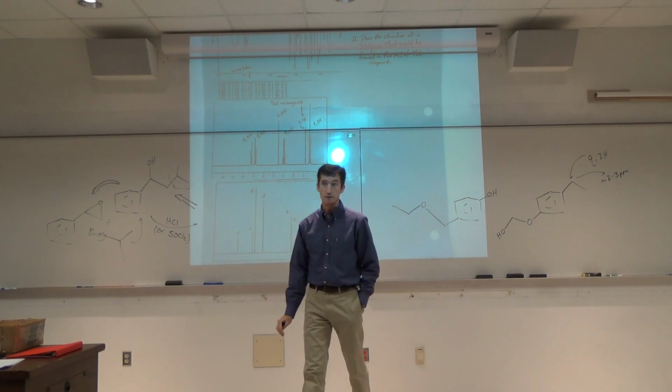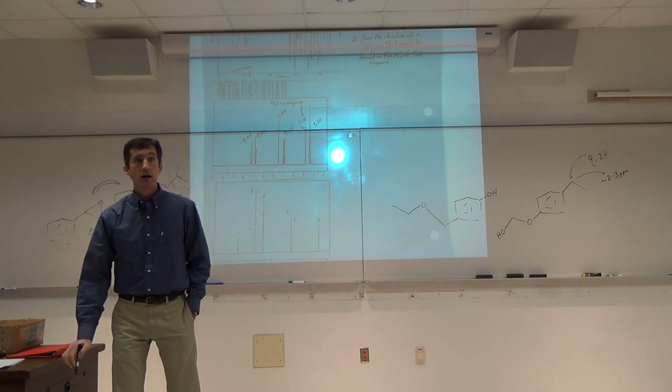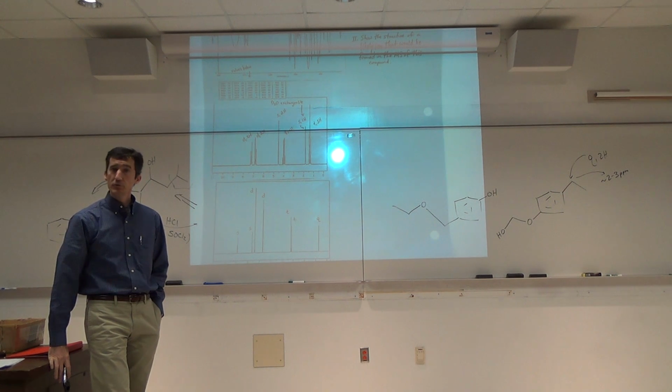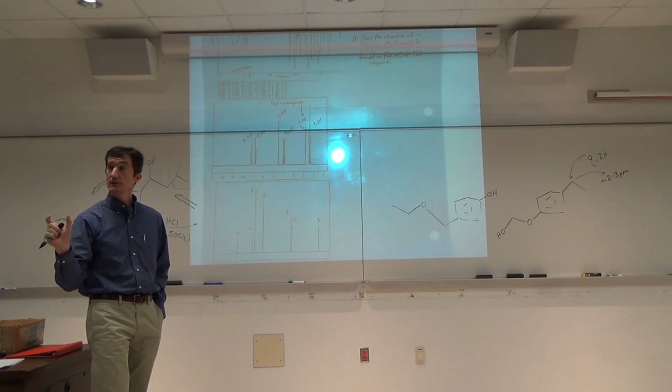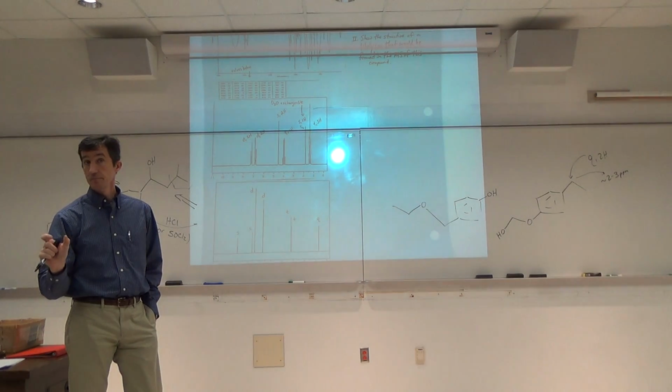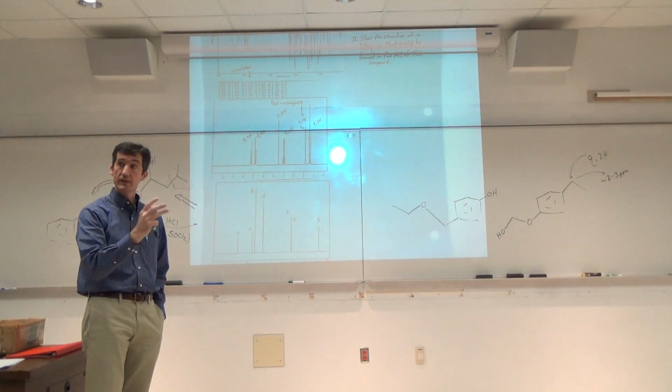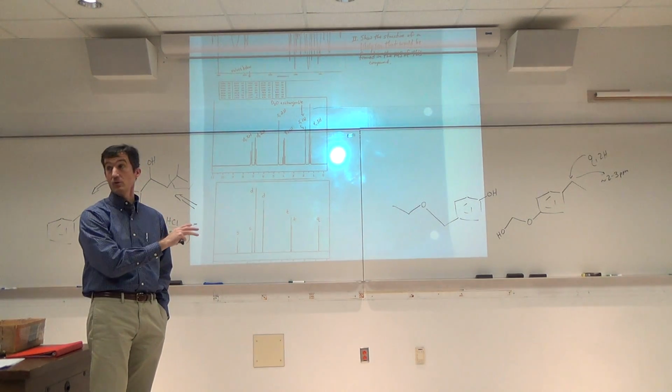4 seems high. If it's at 4, it's typically bonded to oxygen or nitrogen or halogen. 2 to 3 is benzylic, next to a benzene ring or next to a carbonyl. Next to oxygen or nitrogen, it pushes it down to 3 to 3.5, 4.